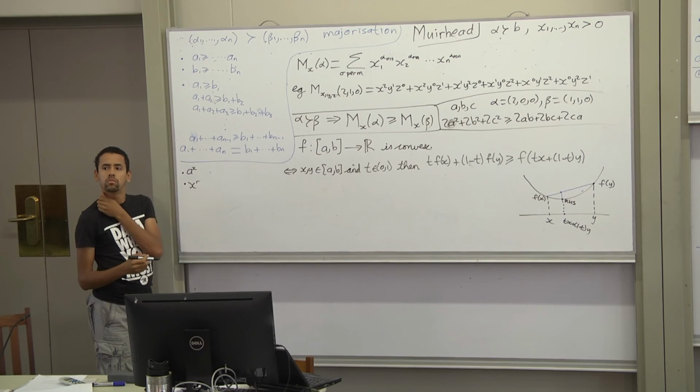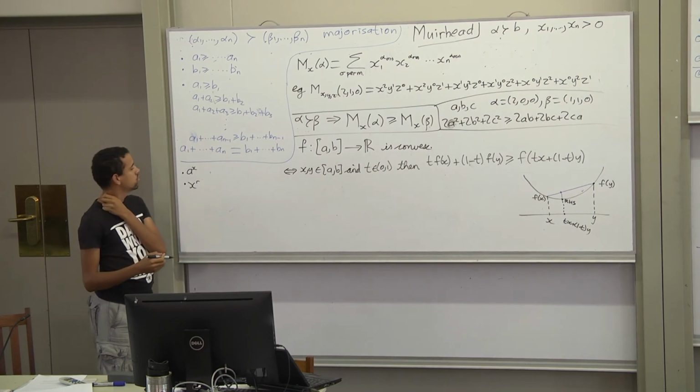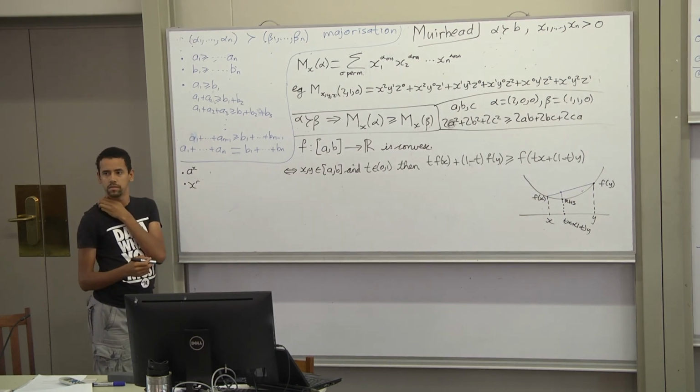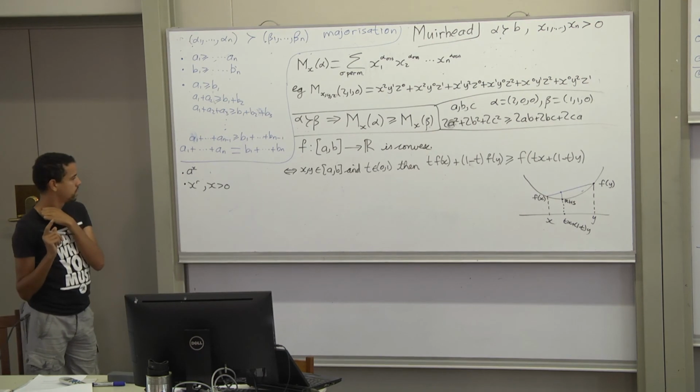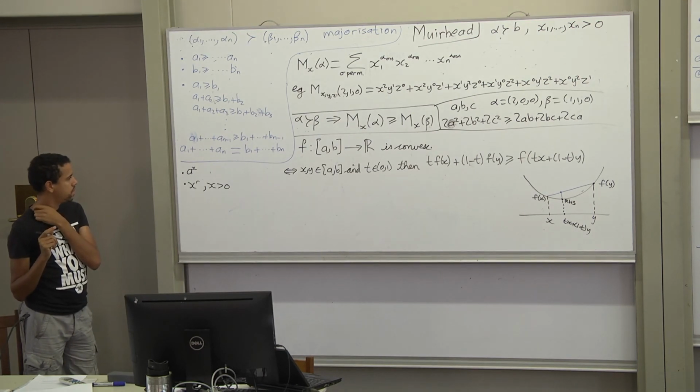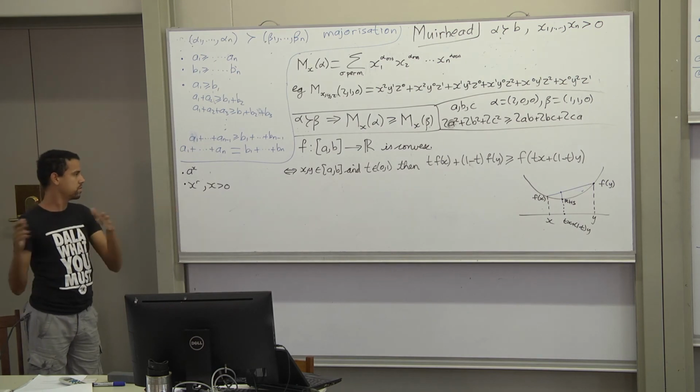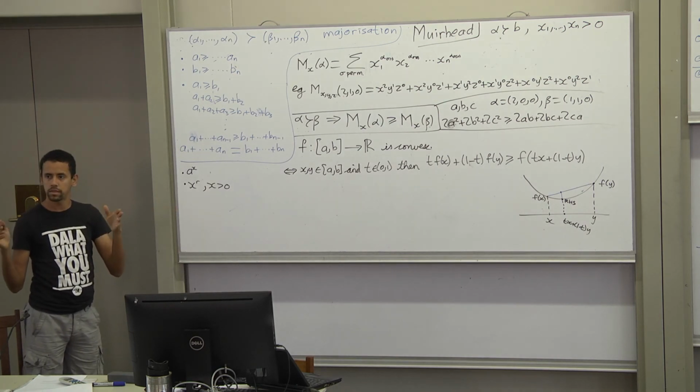Is that for the second one? Is that for x positive? Yes, the second one is for x positive. What else do we have? If you shift a function to the left or to the right, it still stays convex.